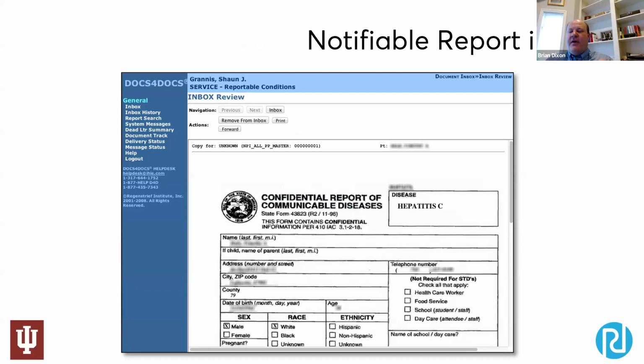Have that form show up there with most of the information on it, or at least as much of the information as we could glean from the HIE. And then this allows the physician to review it and approve it essentially, so it can move forward. And this could be done by the nurse in the clinic. It doesn't have to be by a physician, but run it by someone within the clinic to sign off on it and report it to public health.